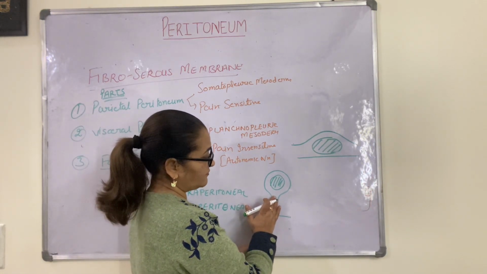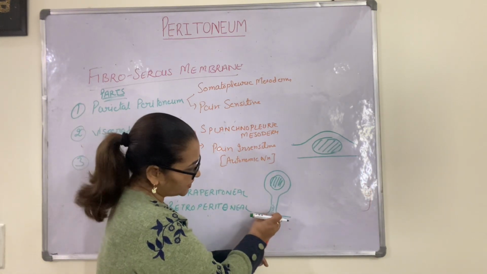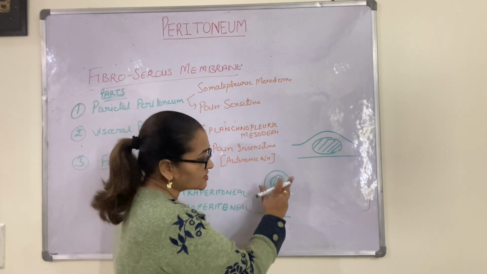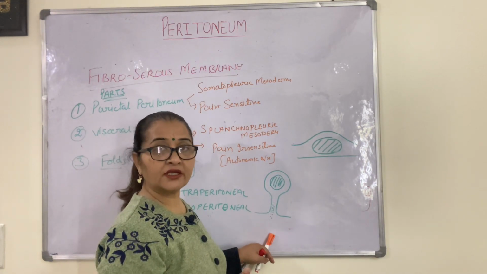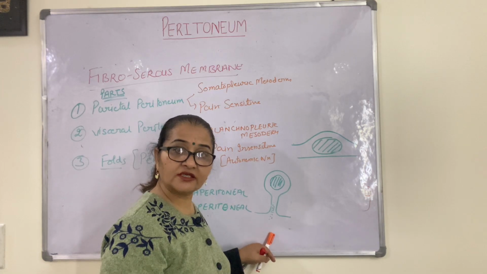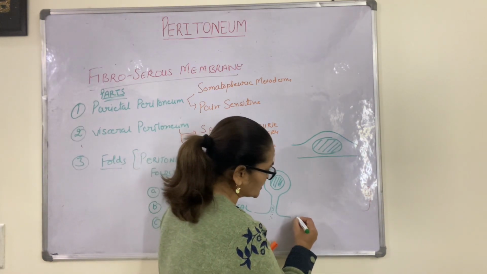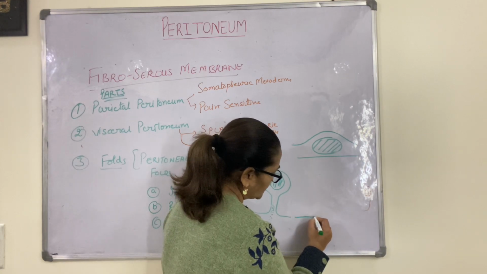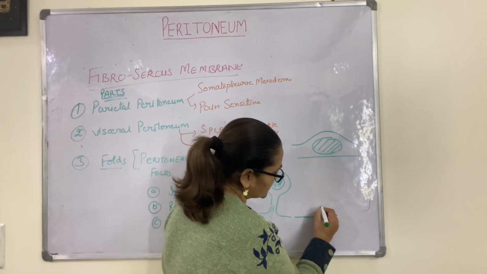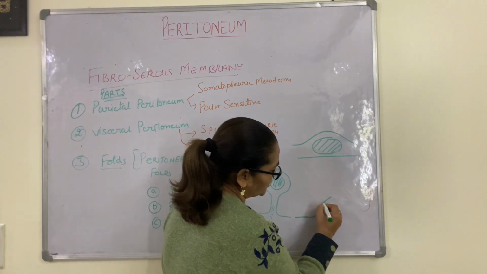And the third category is when a transformation happens. Transformation means between this and that. Initially the fold is present. Once the rotation of the gut is happening, rearrangement of the various viscera is happening in the abdominal cavity. So some of the viscera change their position. They are moving towards the wall.